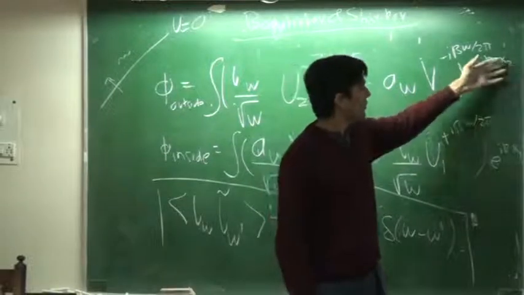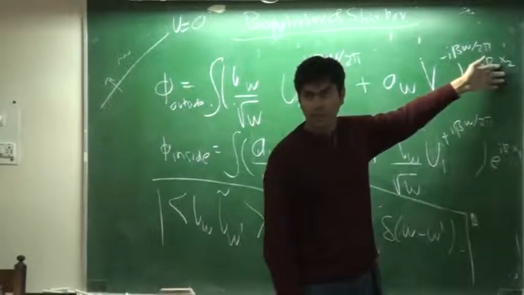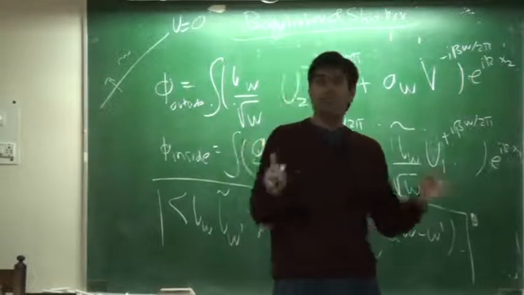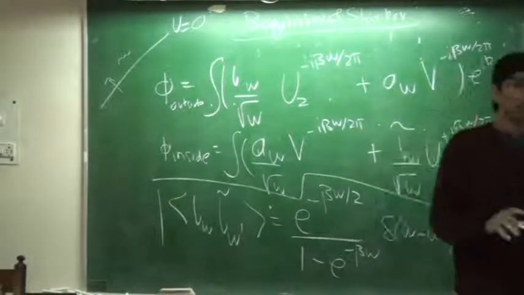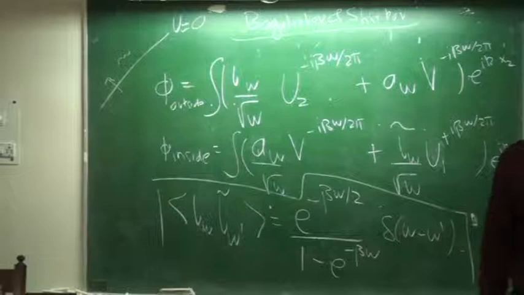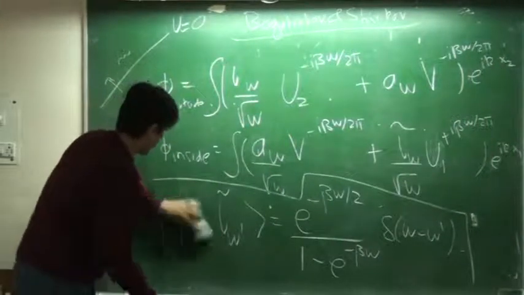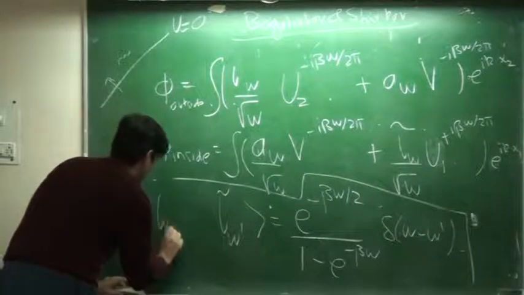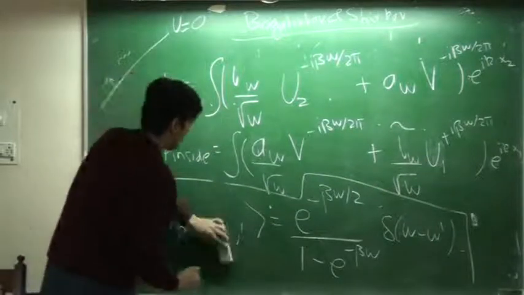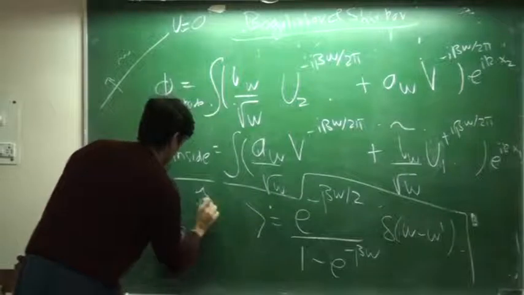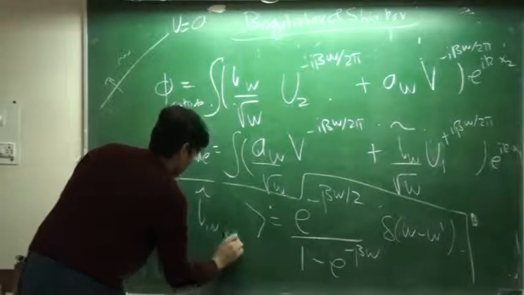Okay, because you will get e to the i k dot x1 minus e to the i k dot x2, and you will just get a delta function in them. So you will immediately get this. Okay. And sorry, just to make more precise, let me put k here, b omega k and b tilde omega k, right?